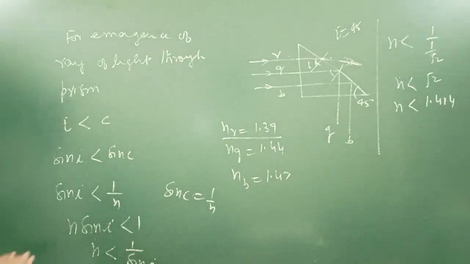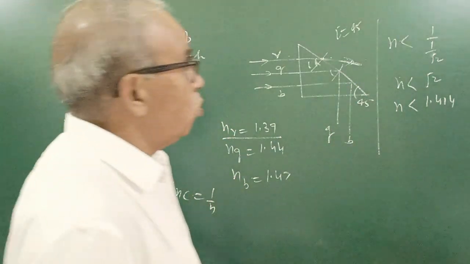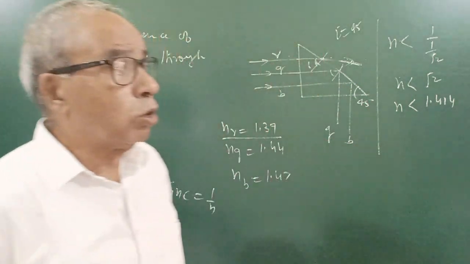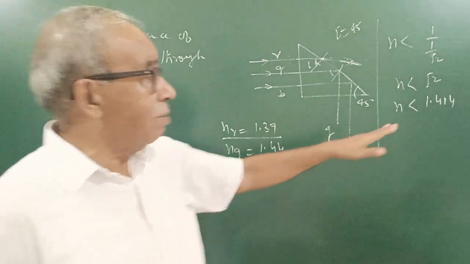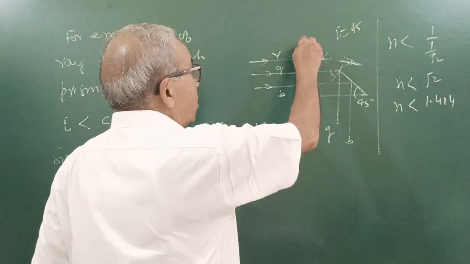So n sin I is less than 1, so n is less than 1 by sin 45, which is root 2. So all those colors which have index less than 1.414 will emerge if they fall here normally.